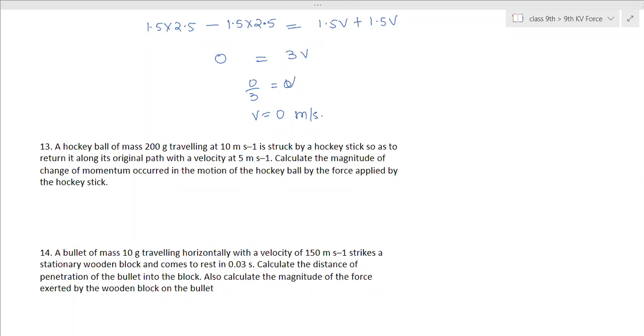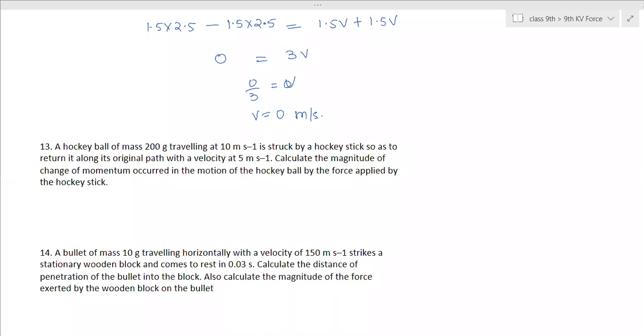Ma'am, second square. Ma'am, I'm getting distance as 18 meters.